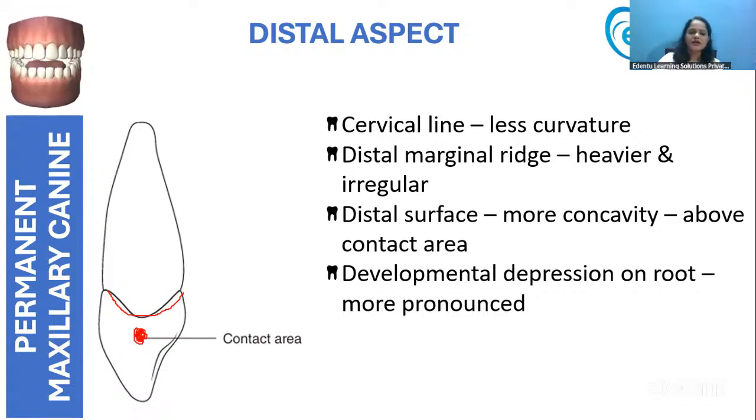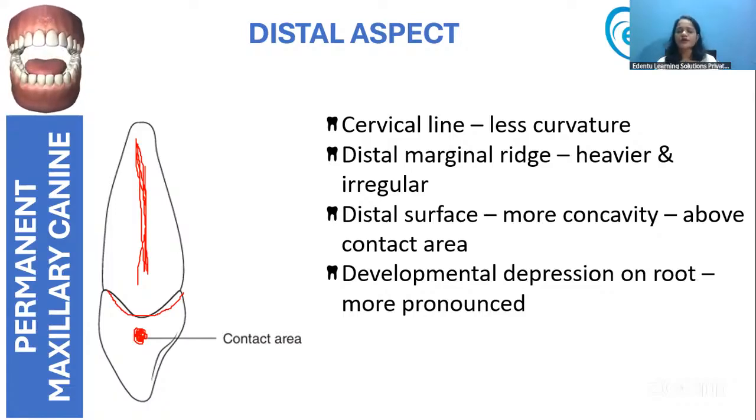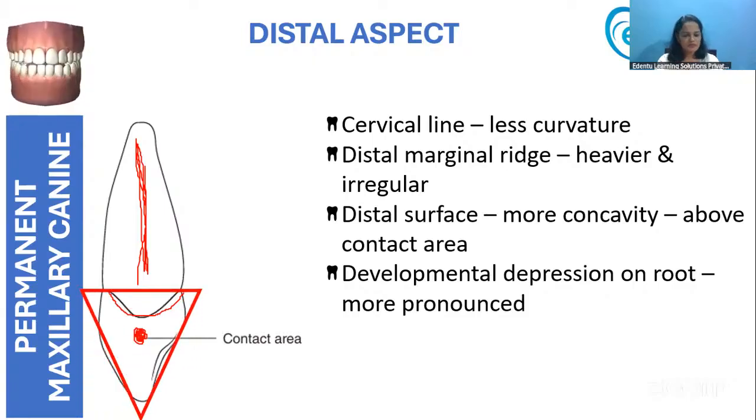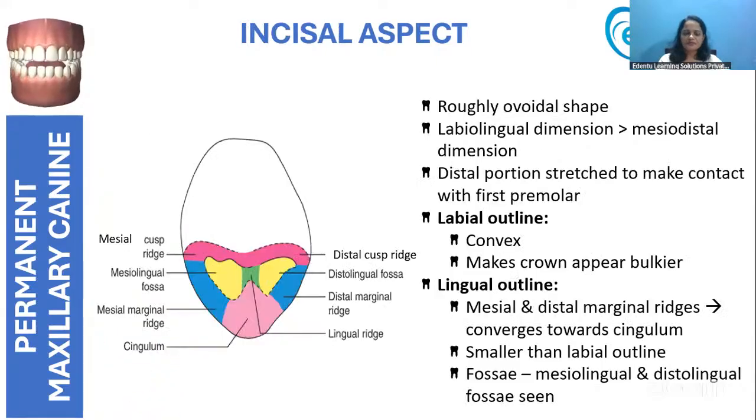The developmental depression is also present here, but it is not as pronounced. So these are the major differences of the distal aspect of the crown and root of the permanent maxillary canine.